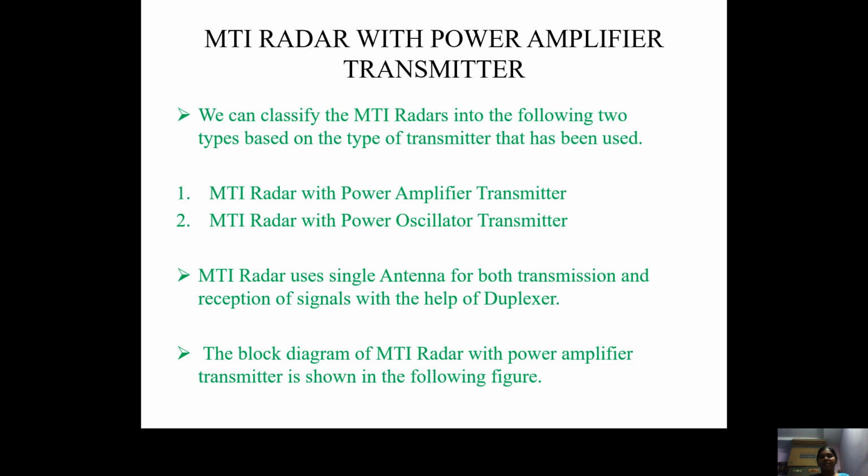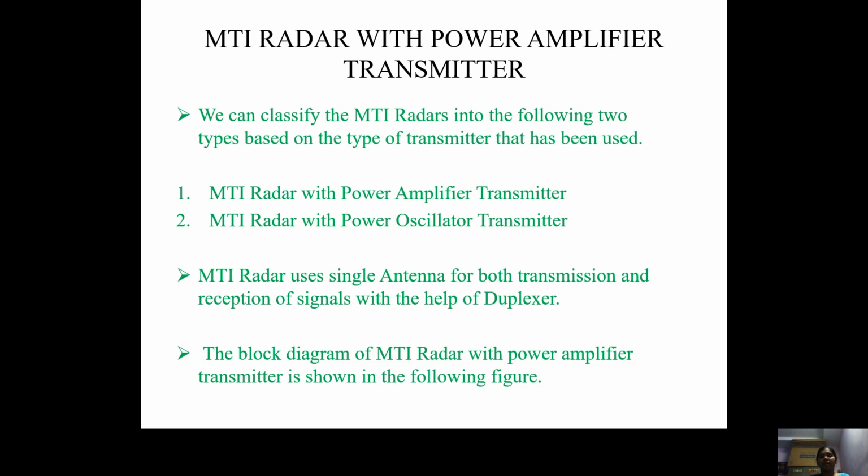In the previous design, we had seen MTI radar uses two antennas for transmission and reception. Whereas in these modern MTI radars, both actions, transmission and reception, can be done using a single design block, which is known as a duplexer.